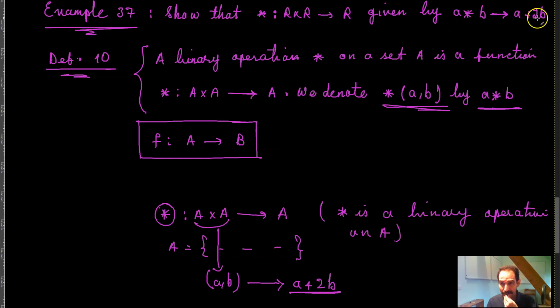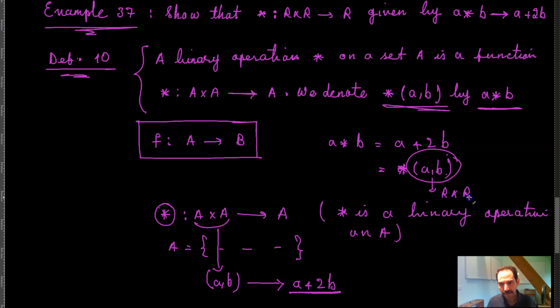So for example, A star B is equal to A plus 2B. When I say that A star B is equal to A plus 2B, that is the same thing as A star of A comma B. That means that any A comma B that you find in the Cartesian product of R and R is going to be equal to A plus 2B, right?